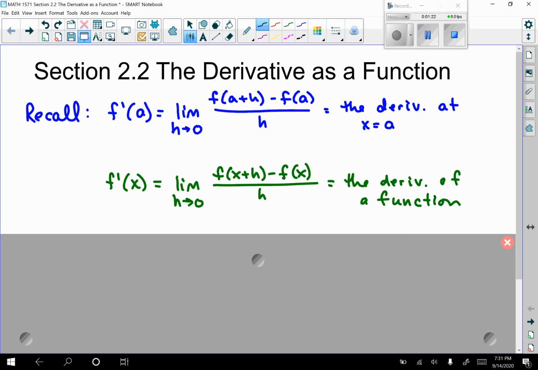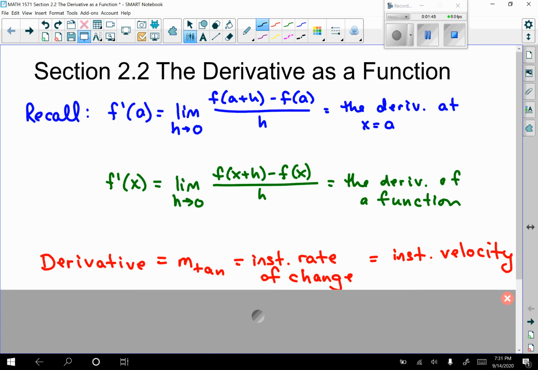These two really mean the same thing as far as the process. We just have x's instead of a's. So f prime of x shows the derivative of a function at any point. Here I'm using f of x plus h minus f of x instead of f of a plus h minus f of a, but it's still conducted the same way that we calculate the limit.